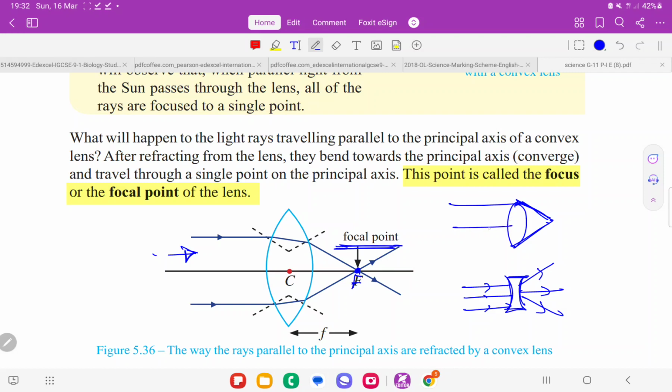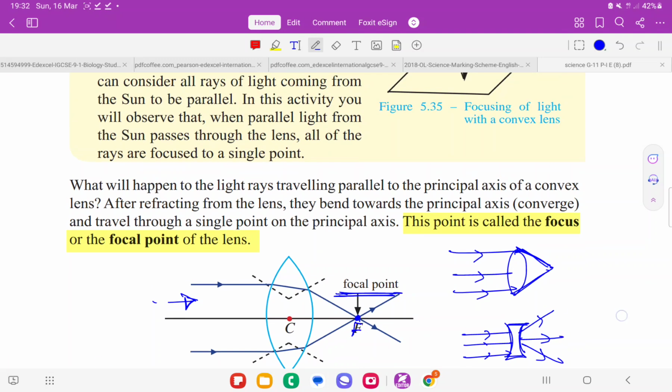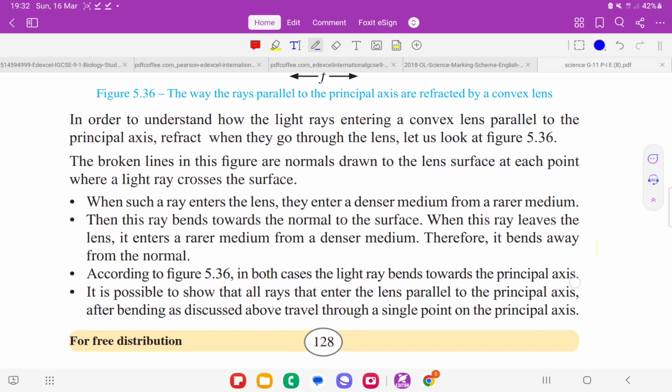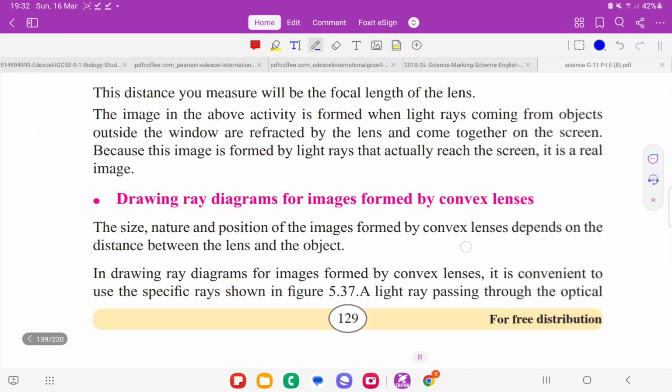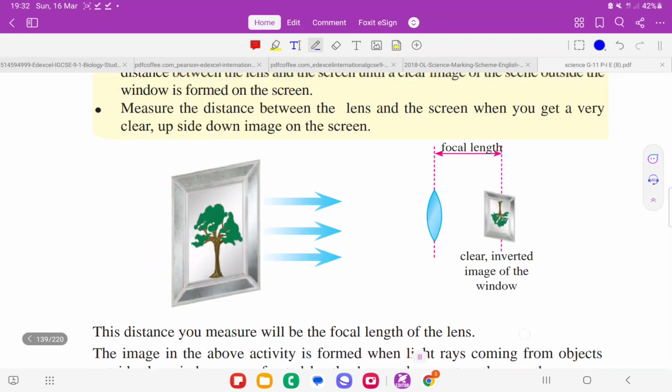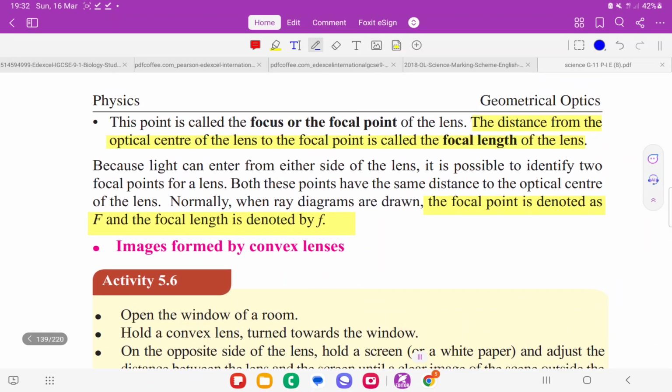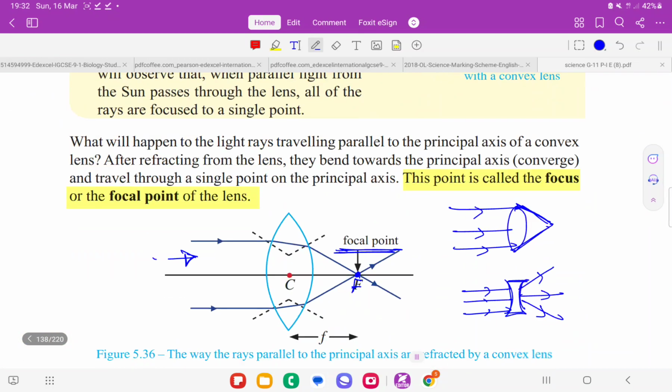But convex lenses converge light rays. So that's a must thing that you need to remember, right? Okay, then read the descriptions. Then you have to know the focal length, I forgot that.